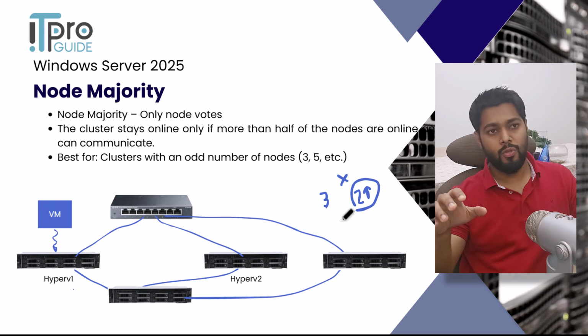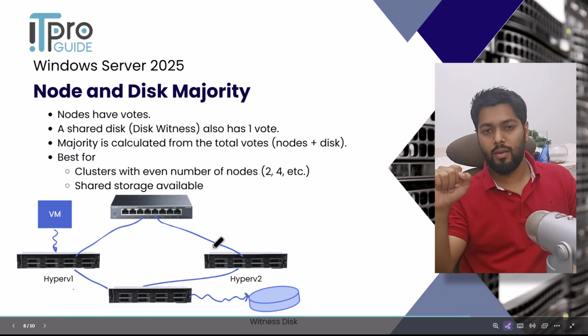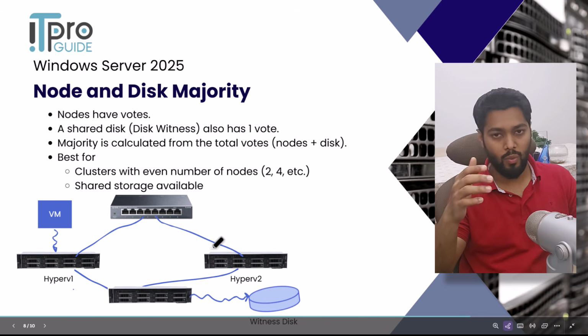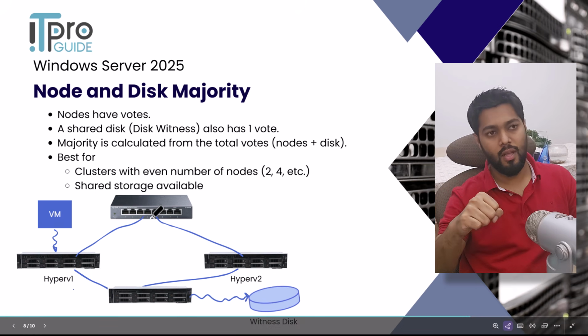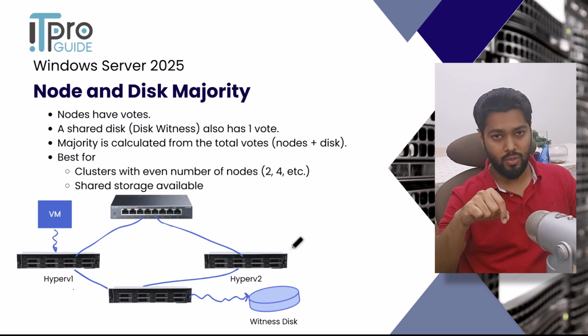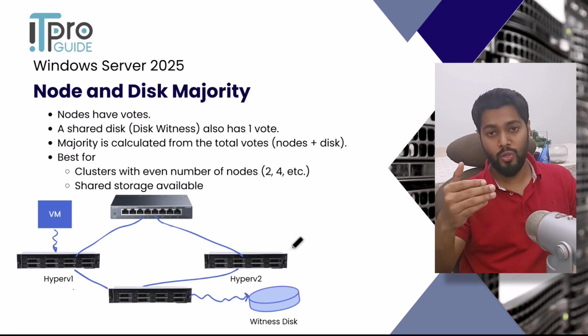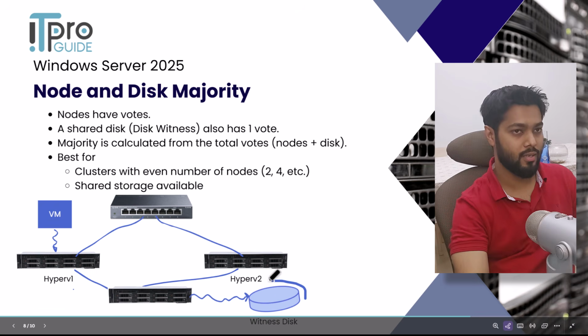Suppose you only have 2 servers, for example, in a small regional office where you don't want to invest in an additional server. You only have 2 servers and a shared storage, no third node. In that case, you can create a witness disk in this storage. Like we are going to do in our demo, we will start with 2 nodes and a witness disk.